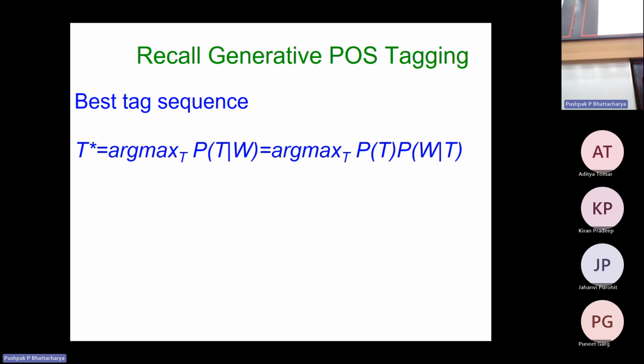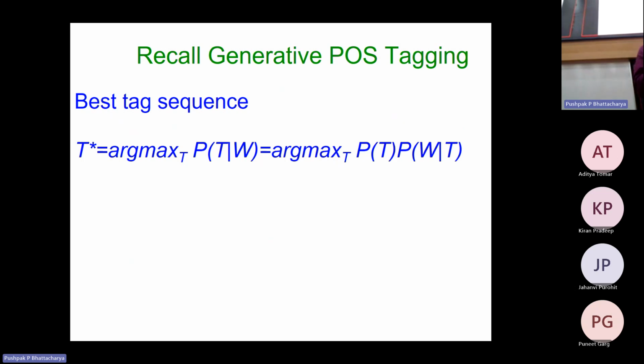If we apply Bayes' theorem, then we have entered the generative framework for solving this problem. So probability of T into probability of W given T. Probability of W given T is the conditional probability, also called likelihood. Probability of T is the prior probability. So P(T) gives rise to the product of transition probabilities, and probability of W given T gives rise to the probability of W given the tag at each position.